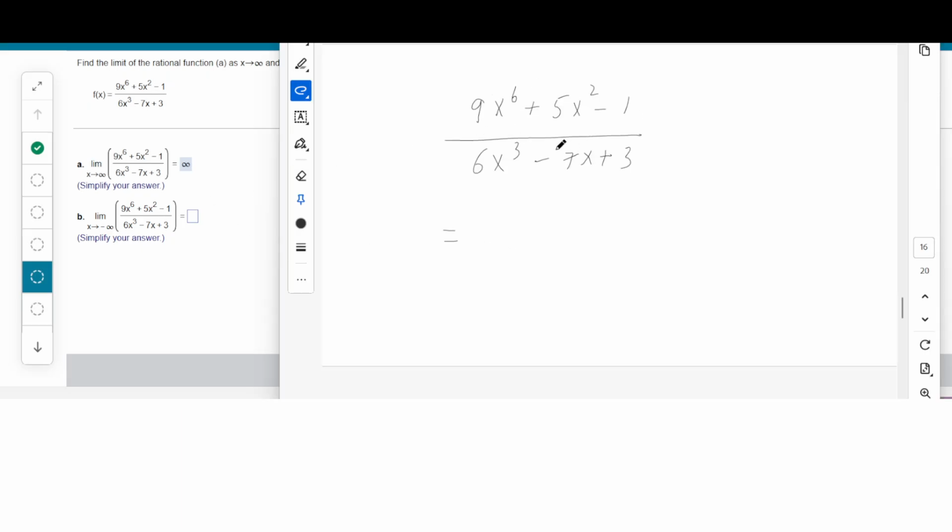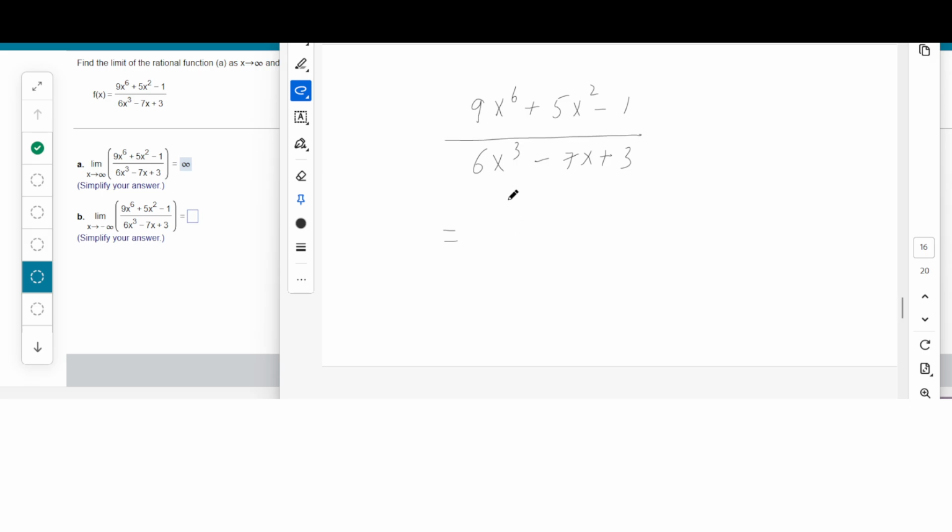We need to simplify, because if you look at the numerator, when x goes to negative infinity, this is an even power. It takes the value to positive infinity, and this is an odd power. It takes the value to negative infinity. So there is a confusion, positive infinity over negative infinity. So we need to simplify this first. How can we simplify?